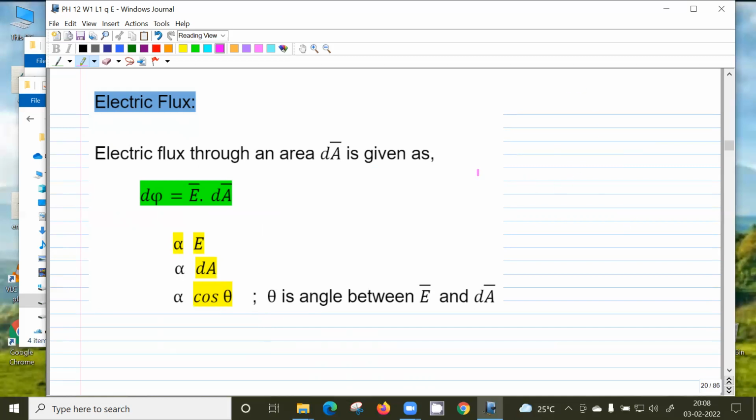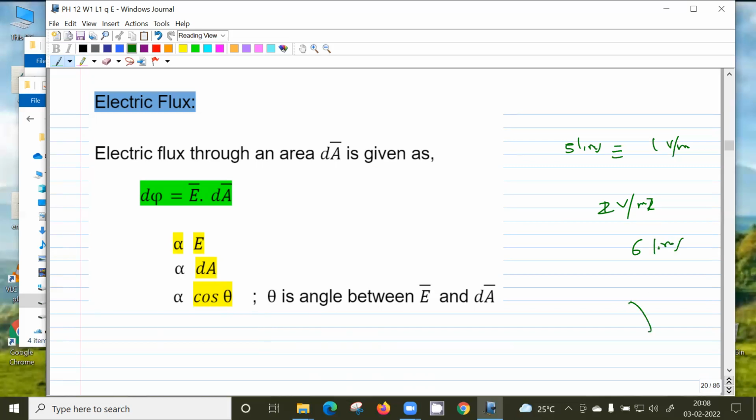Say I will draw 5 lines for 1 volt per meter. The unit of electric field is volt per meter. So if the electric field is 2 volt per meter, I have to draw 6 lines.